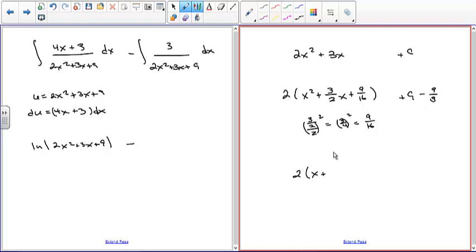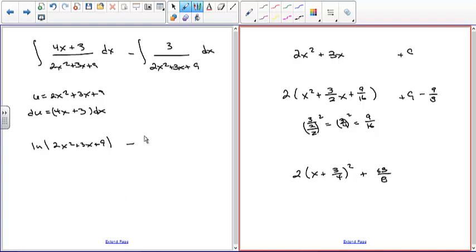Okay, so now we can do it because you take this term, the thing divided by 2. So we'll have x plus 3/4 quantity squared, and here we have 9/8 minus 9 minus 9/8. That's 72/8. 72 minus 9 is 63/8. So you'd have plus 63/8.